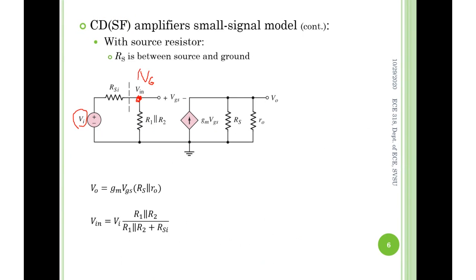Vin is nothing but VG, right? Does it make sense? Because this terminal is the gate. Output equation: the output voltage equals the current times the parallel resistance, RS and R0.